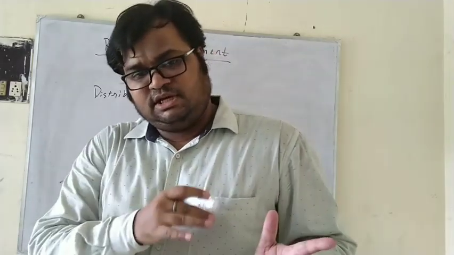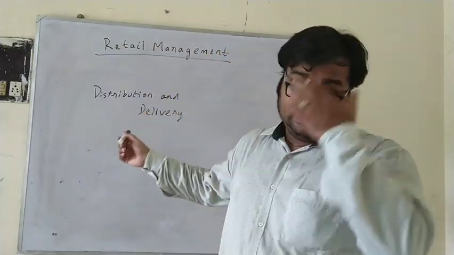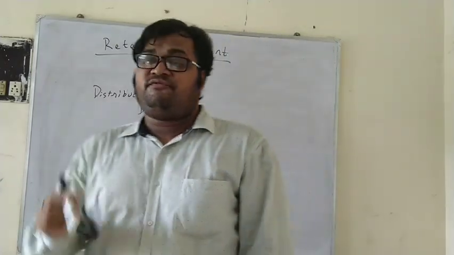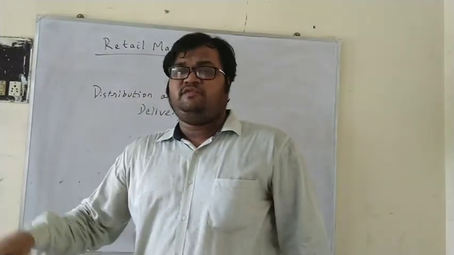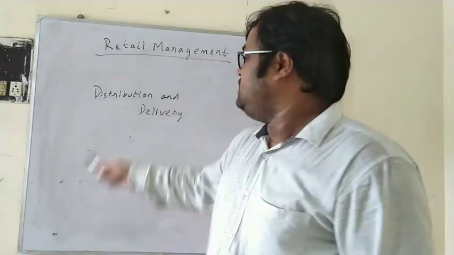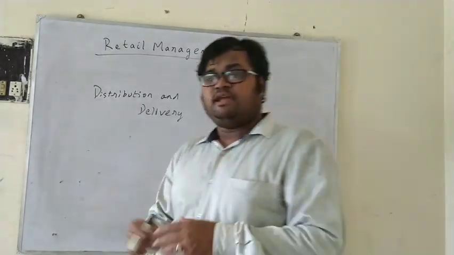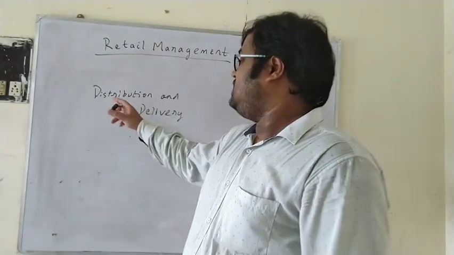Through this middle channel, it finally reaches the retailer. Because, as we studied in the previous class, the retailer is the first point of contact with the customer. So it forms a part of the distribution channel of the manufacturer. It helps in distribution of products and services to the final consumer.